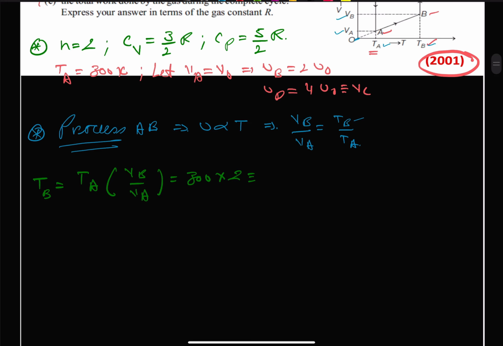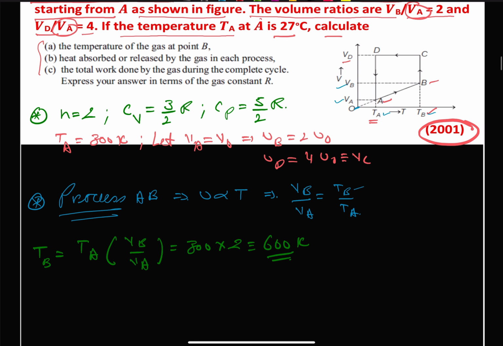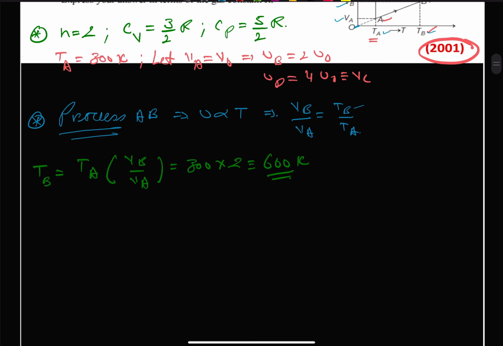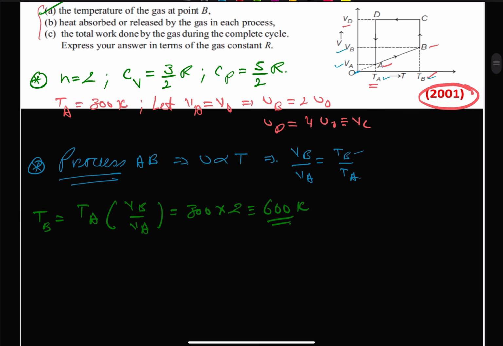So we get the temperature at B as 600 Kelvin. So we found option A is 600 Kelvin. Now we come to the heat absorbed or released in each process. Let's start with AB, then BC, then CD, then DA.